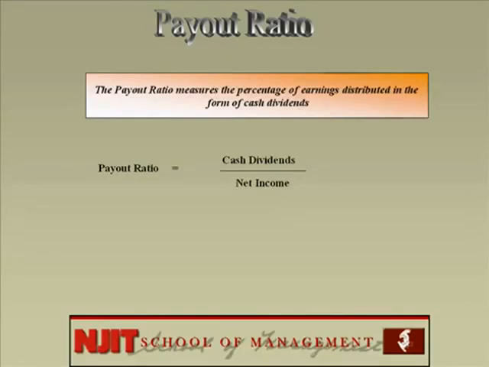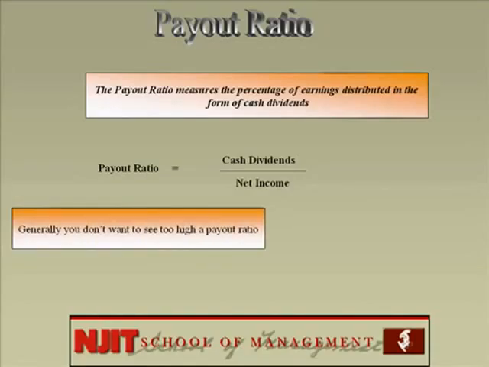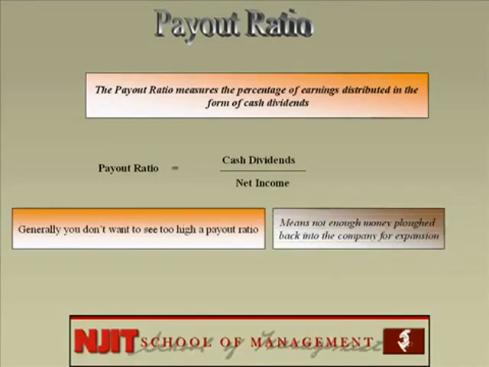Generally, if you see a very high payout ratio, that should send a warning signal that something's not quite right. You don't want to see too high a payout ratio. This means that not enough money is being plowed back into the business for future expansion.